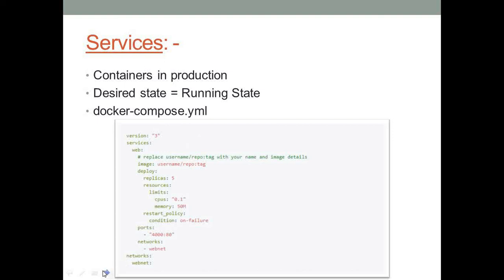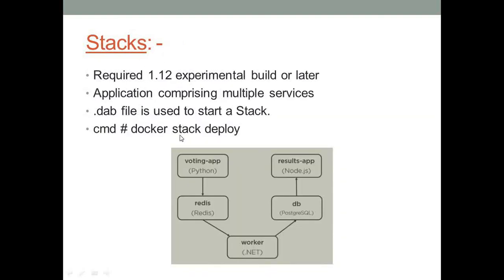Okay, let's go to the next, that is stack. So what is a stack? Again same thing, we need a 1.12 experimental build or later to create a stack. A stack is a fully production based application. So we can run different applications with multiple services.